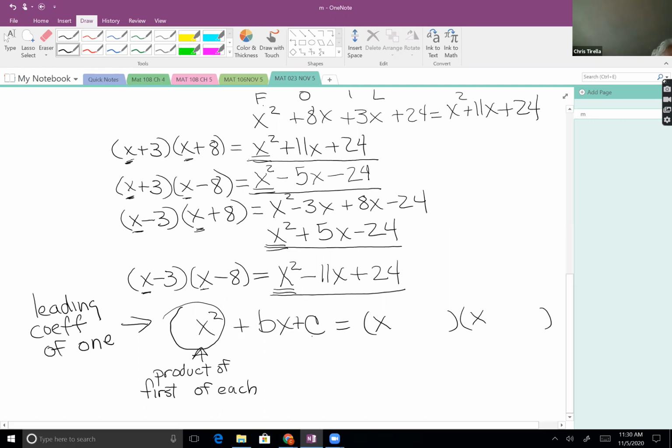Now I want to look at that last term, the constant term. Each of these had a constant term of 24. Where did each of those 24s come from?